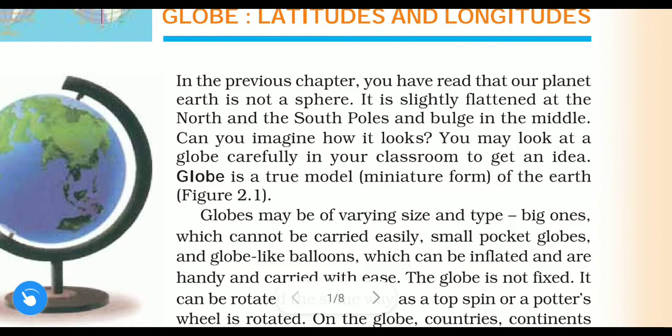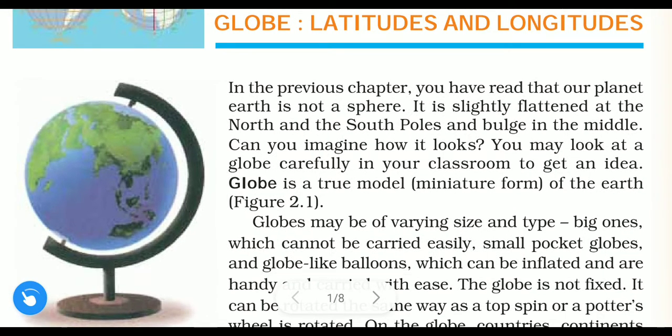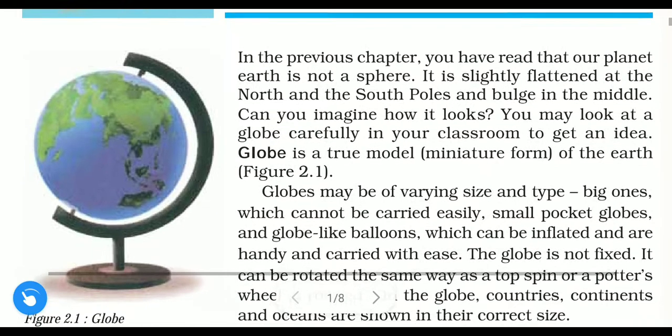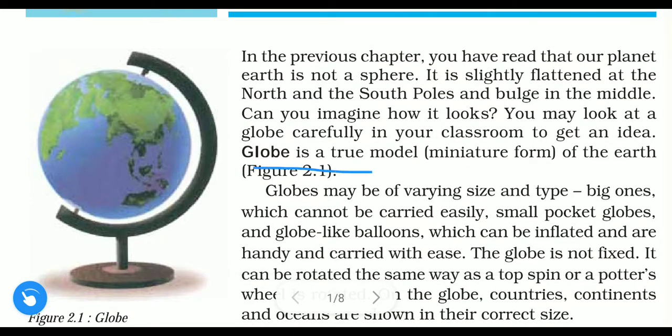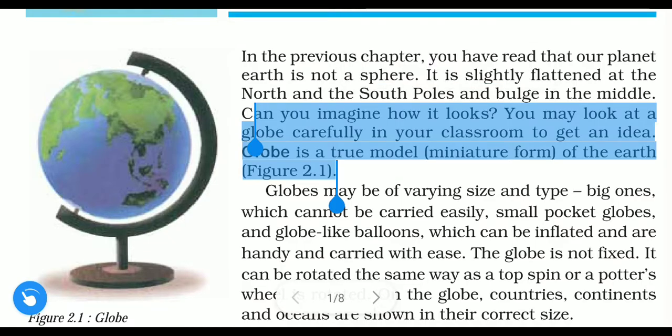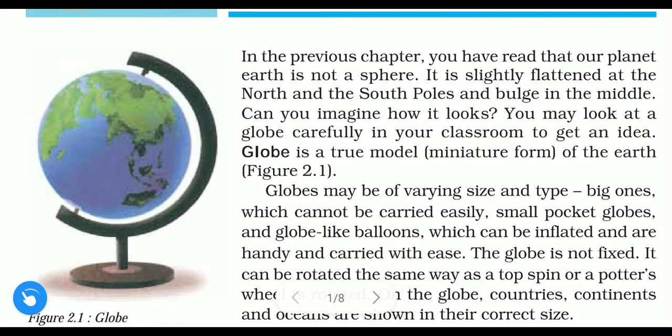Globes are always kept in schools or classrooms, so that you can look at the globe. What is a globe? A globe is a true model of the earth. The globe represents the earth, which has the same structure. So a globe is a true model which represents the planet Earth.